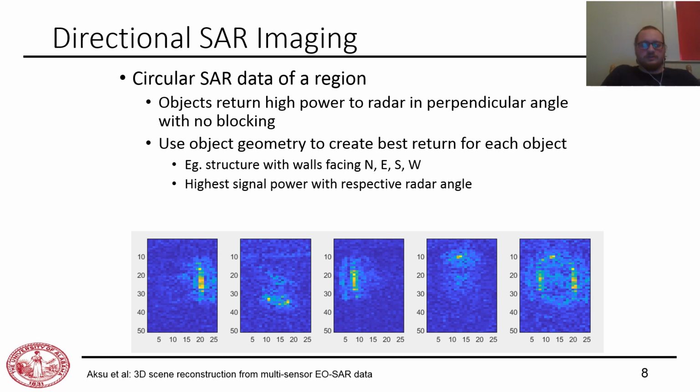And the final image shows the final structure, which uses all four angles together. The important thing to notice here is that in the 360-degree image, we don't have any return for the south of the car, which shows us that when we look at particular angles, signal return might be higher, which allows us to see the objects more clearly.